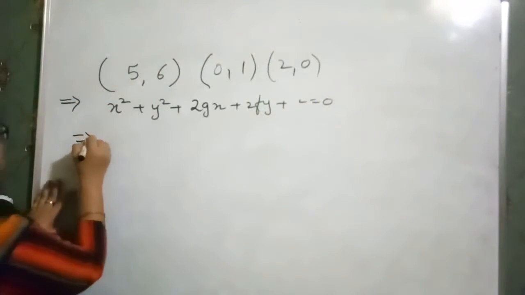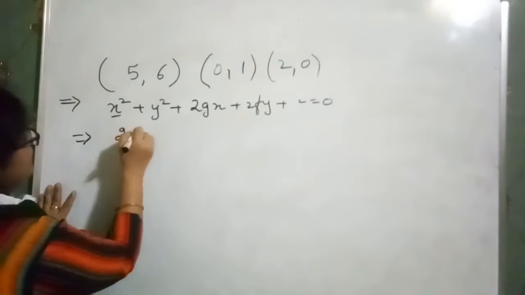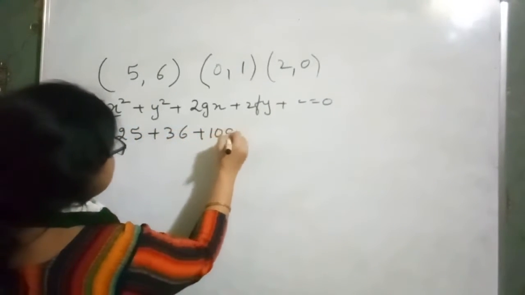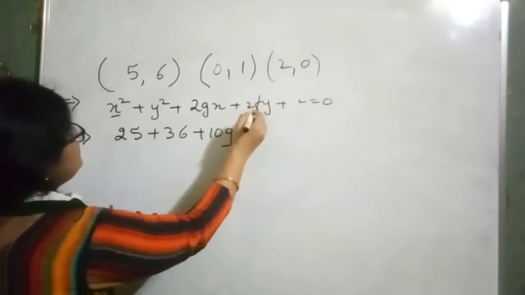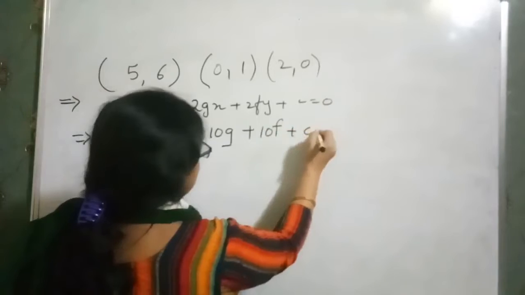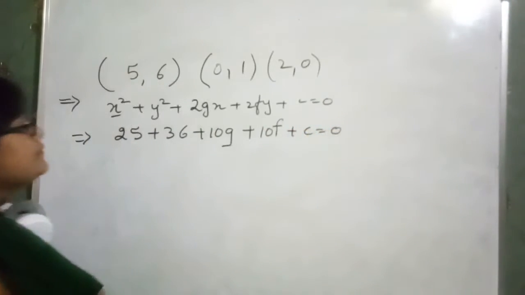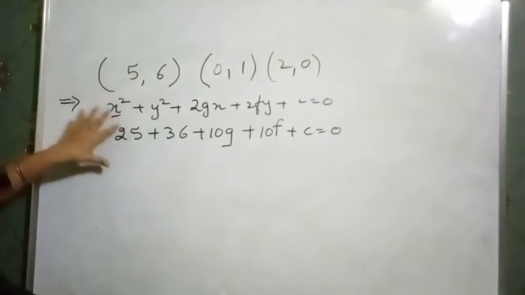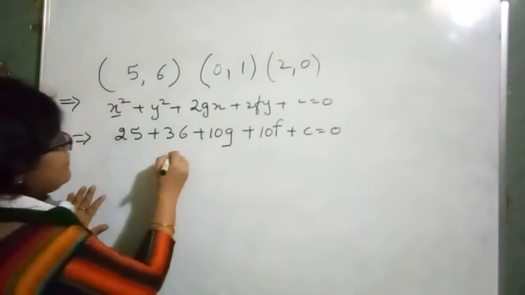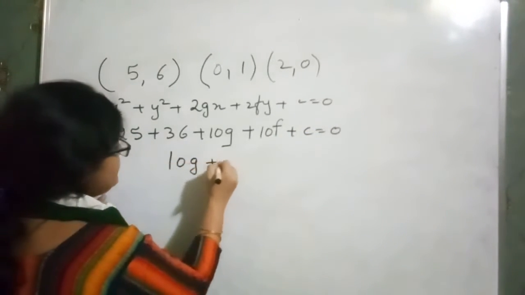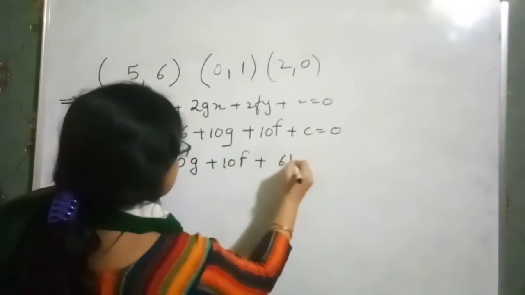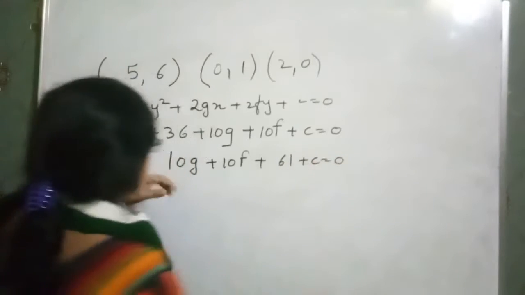So for the first we have 5 5s are 25, 6 6s are 36, 5 2s are 10g plus 2 6s are 12f plus c is equal to 0. That means we put the values of x and y in the equation. This is for the first one. So we have 10g plus 12f plus 61 plus c is equal to 0.